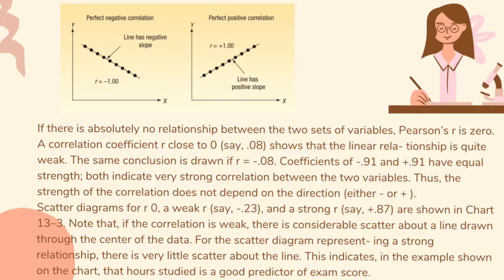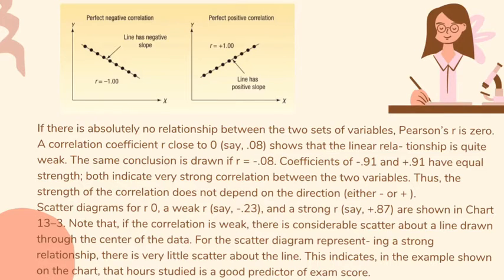Coefficients of negative 0.91 and positive 0.91 have equal strength. Both indicate very strong correlation between the two variables. Thus, the strength of the correlation does not depend on the direction, either negative or positive.